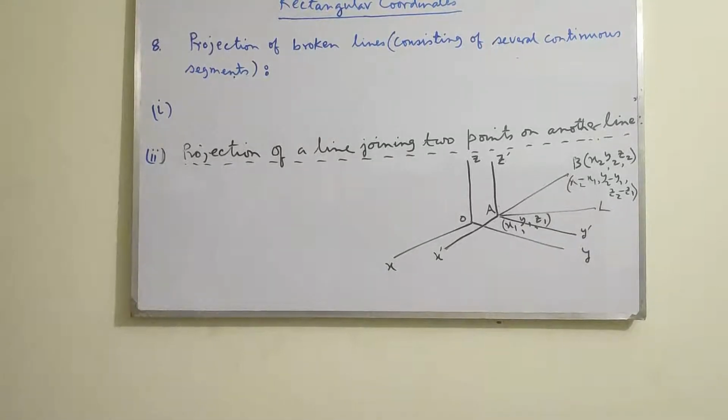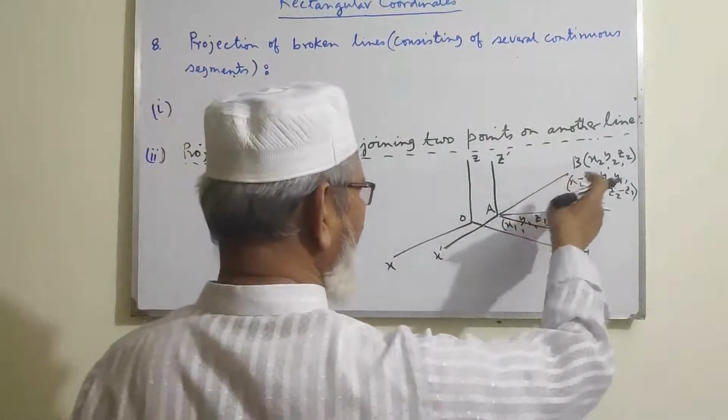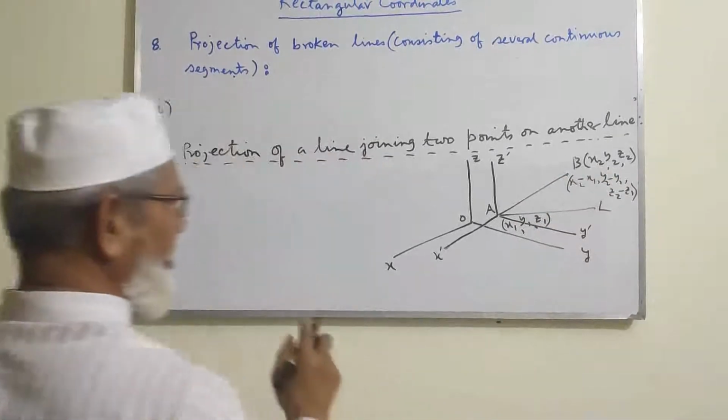Now, the projection of AB means the broken parts of AB, x2 minus x1, y2 minus y1, z2 minus z1.